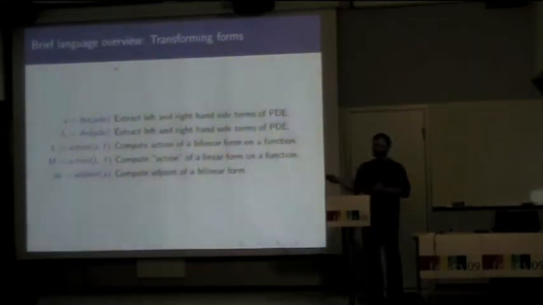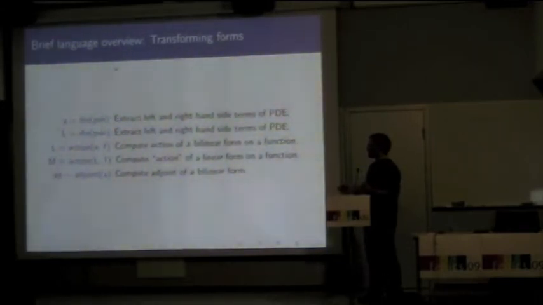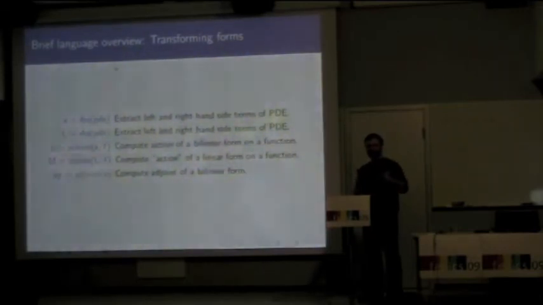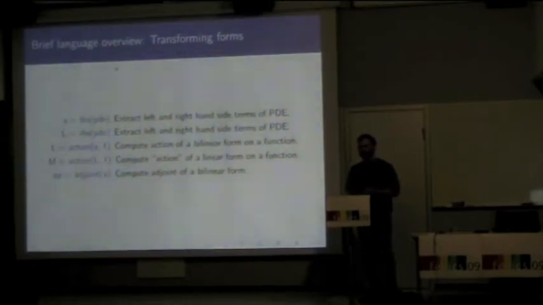When you have defined forms, you can transform them to other forms. If you have a bilinear form, you can compute the action of this form on a function. So you get a linear form, and you can then assemble this linear form as a vector in Dolphin, instead of assembling the matrix and then forming the matrix-vector product.